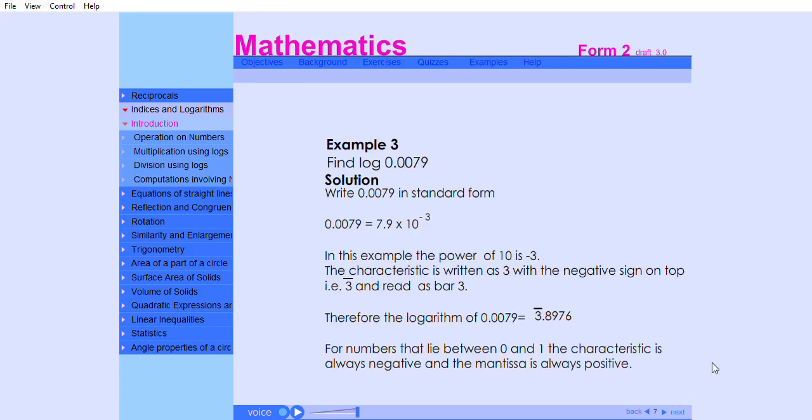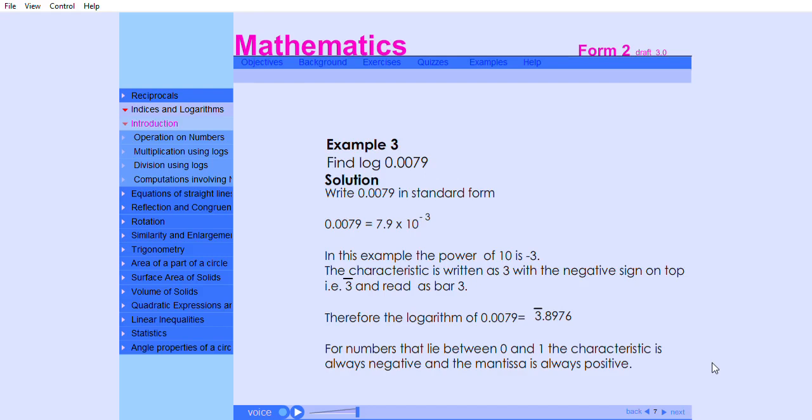Example 3. Find log 0.0079. Solution. Write 0.0079 in standard form. 0.0079 is equal to 7.9 multiplied by 10 to the power of negative 3. In this example, the power of 10 is negative 3.